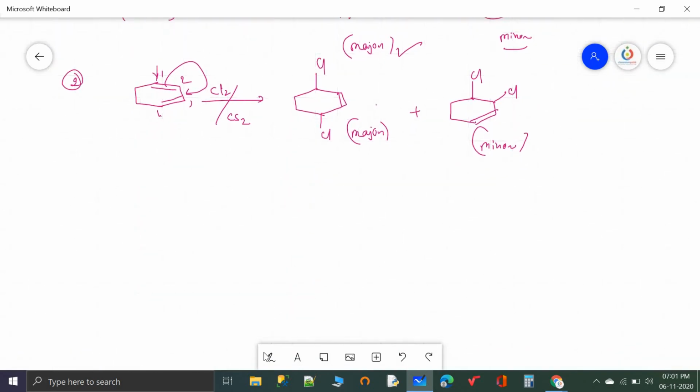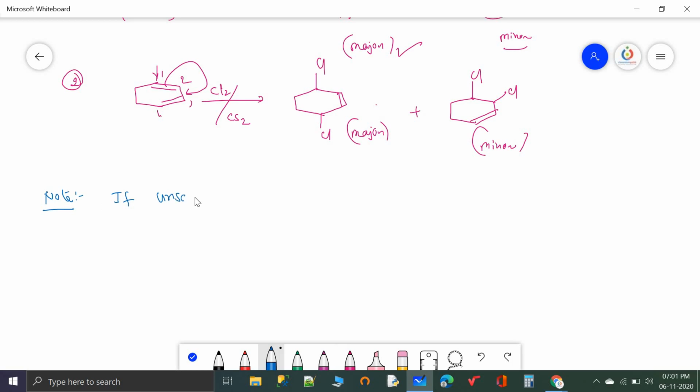Let us see one more concept about this. Another note: if an unsaturated compound contains a nucleophilic atom, then cyclization takes place.